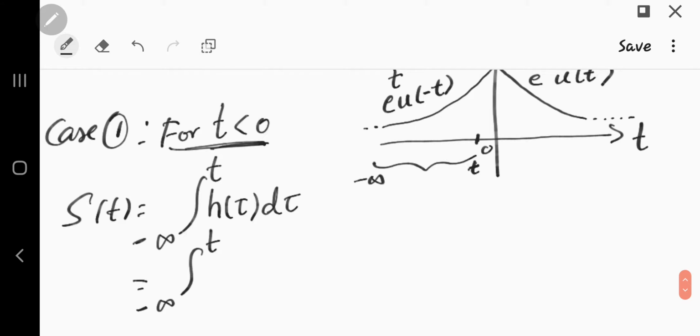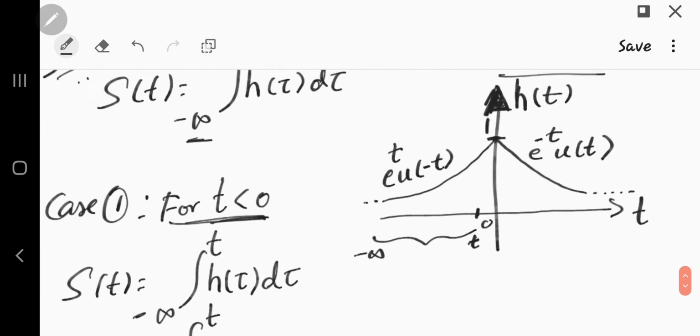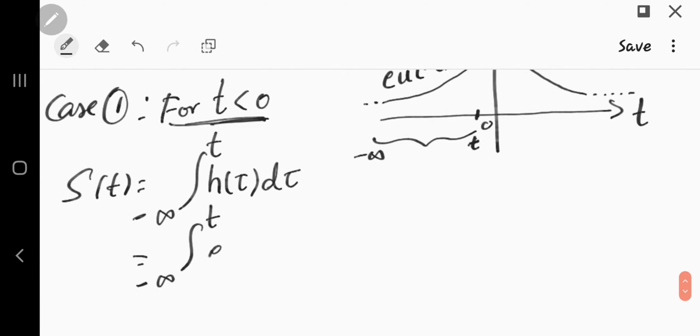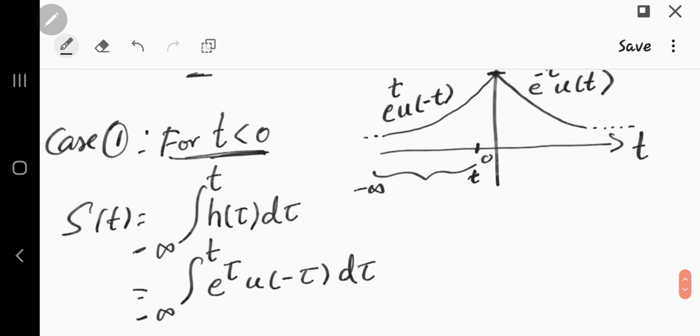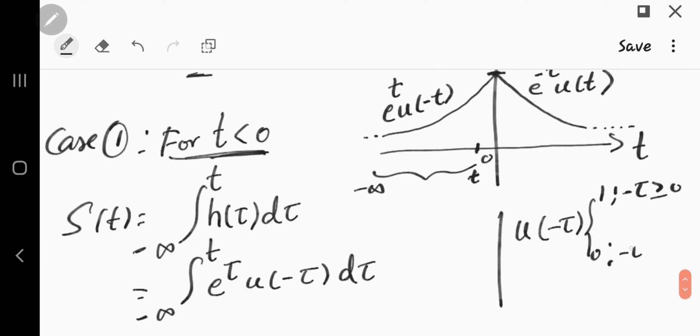Okay, so what is the signal we have in this particular duration? What is h of tau in this particular duration? So the value of h of tau is e power tau into u of minus tau. Now since it is the negative axis, in this duration u of minus tau value will be 1. Okay, you can cross verify like this. u of minus tau is 1 for minus tau greater than or equal to 0 and 0 for minus tau less than 0.